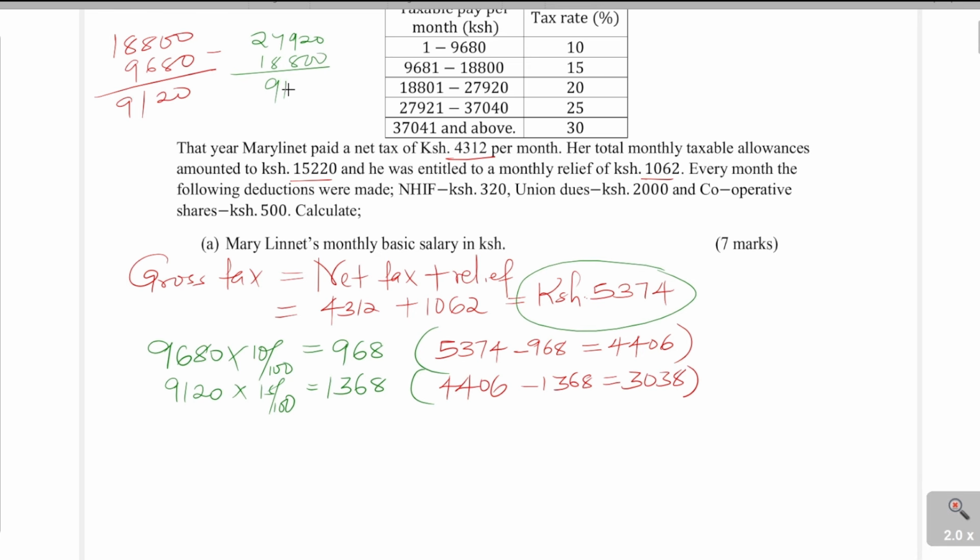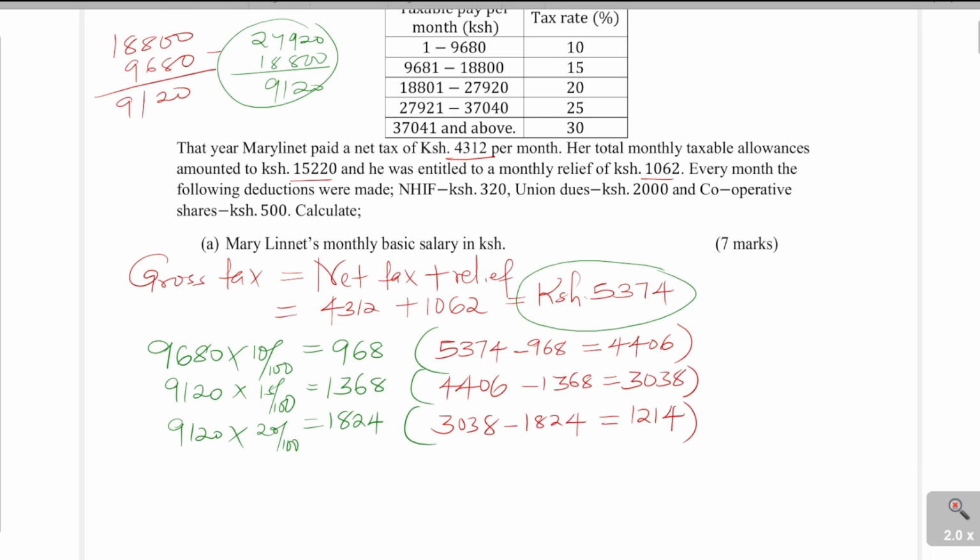The size is still the same, 9120, times the rate at that slab, which is 20%. And this will give 1824. So we're still subtracting. From the second slab, we had 38. We subtract 1824. So whatever goes to the other slab will be 1214.